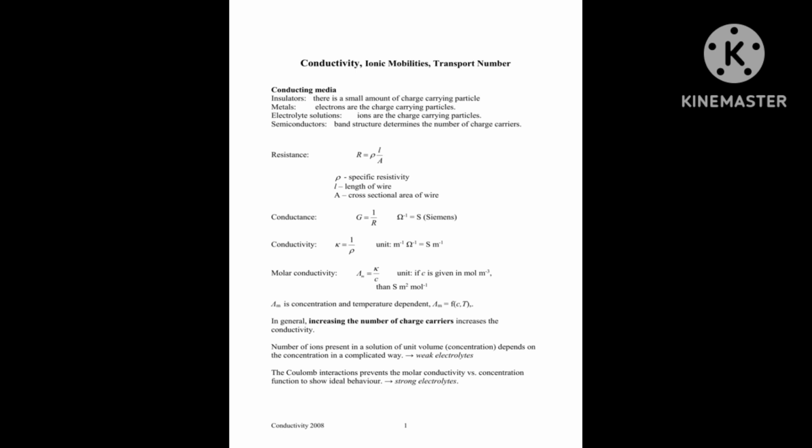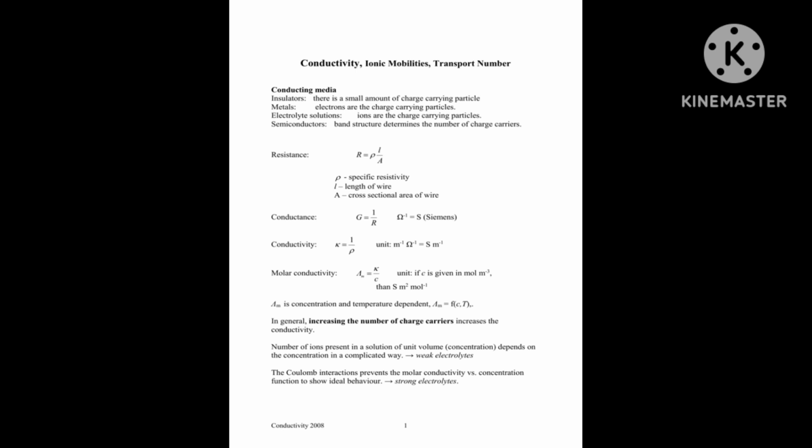G star, the cell constant, is equal to, now you know, conductivity into resistance, by the formula, because conductivity is equal to what? Cell constant divided by resistance. Correct? Means R is equal to L divided by kappa into A. Then L upon A is the cell constant.